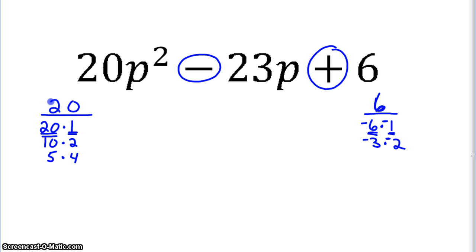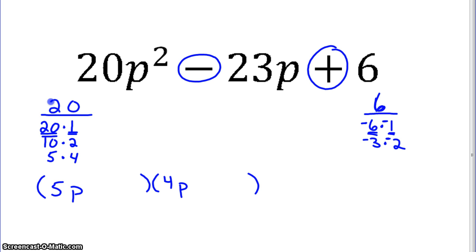Now at this point, it's really just trial and error. Since we want a negative 23p, I usually like to start in the middle. So the first trial I would use is maybe write 5p and then 4p. In thinking of FOIL, those would be the first. 5p times 4p is 20p squared.